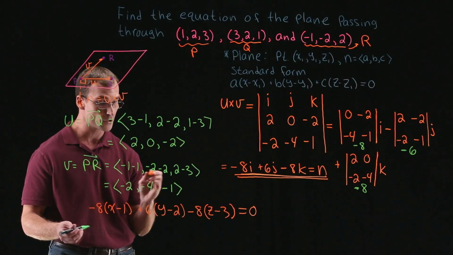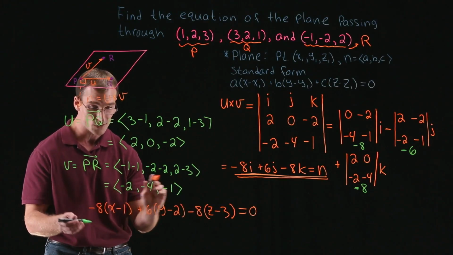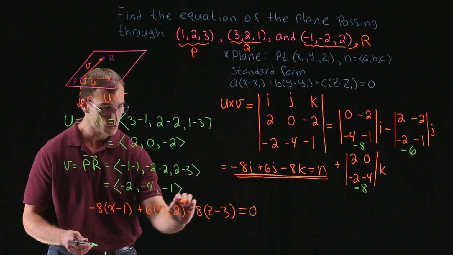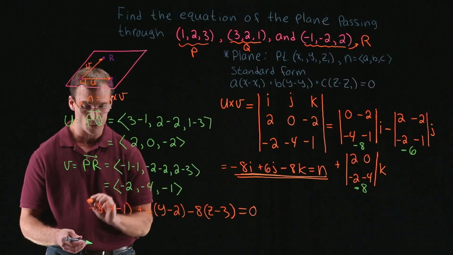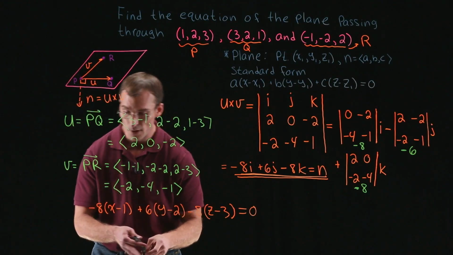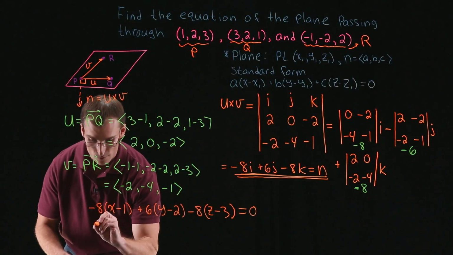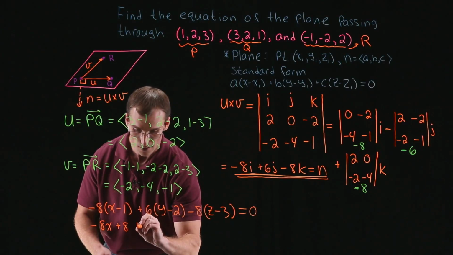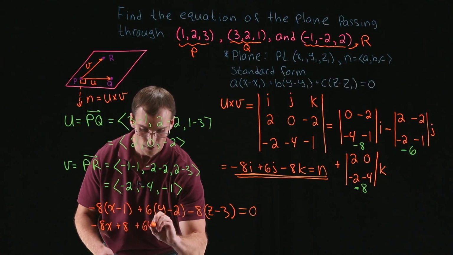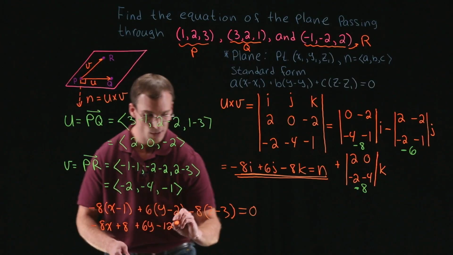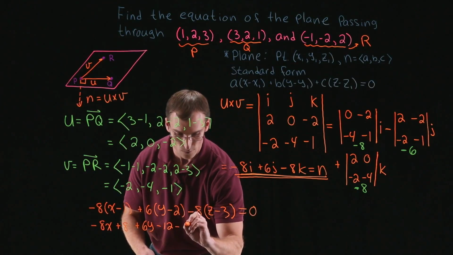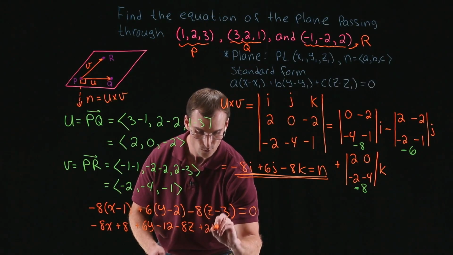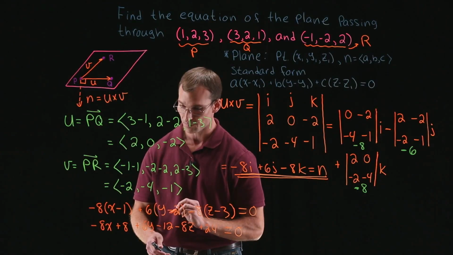So as far as an equation of the plane, this is what we have. We could stop here if we wanted to, but we can clean this up just a little bit. So what we're going to do is distribute each of our numbers out in front and regroup terms. See if we can simplify this. So multiplying through by -8 here, we'll have -8x plus 8, and multiplying through with 6, plus 6y minus 12, multiplying through with -8, -8z plus 24, and that's equal to 0.